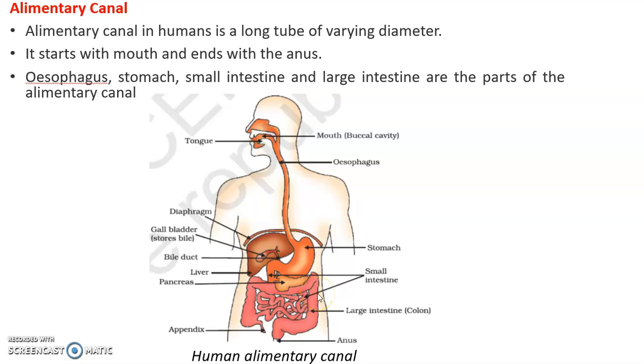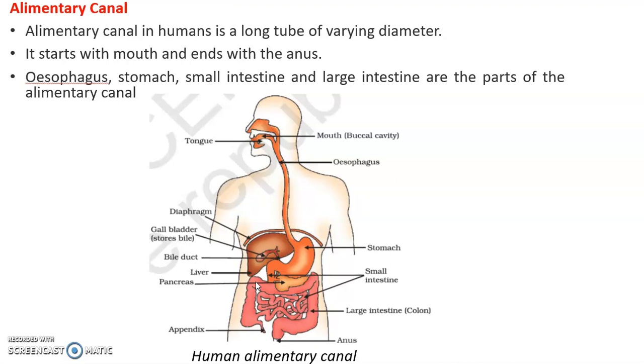After that, food gets into the large intestine. This is your large intestine. The large intestine in humans is about 5 feet long, and it has two regions: the colon and the rectum. The region of the large intestine after the ileum is called the colon, while the last part is called the rectum.